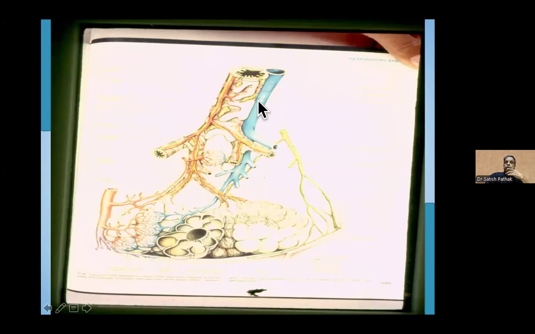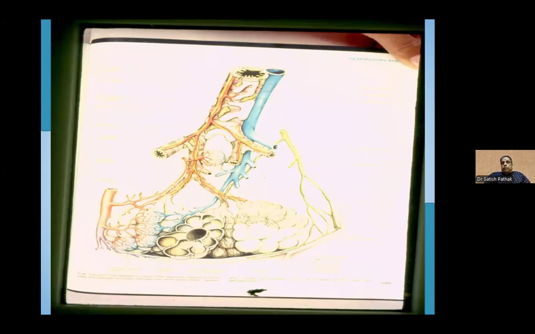The blood which has excess CO2 gives off CO2 and takes O2, and that blood becomes pure, and then it goes back to the heart, and then it is supplied to the body. So this process is going on continuously.